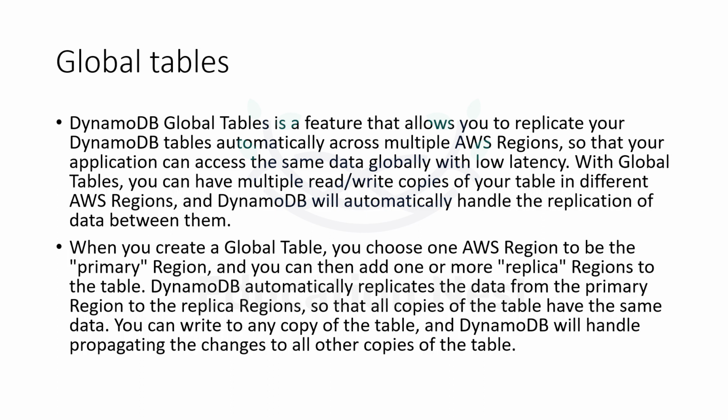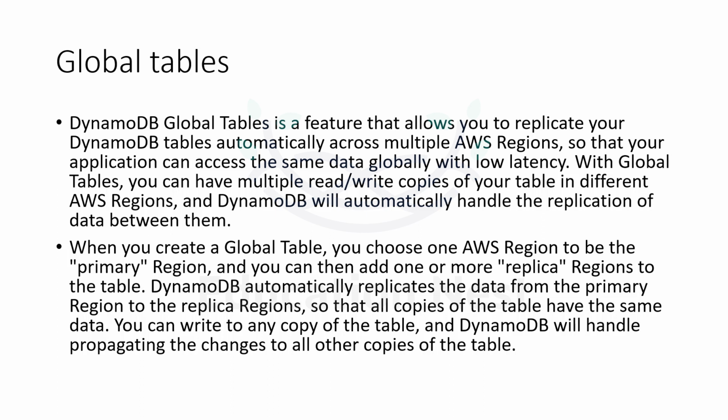Your application can access these tables, which are in sync with each other, having the same data globally with low latency. So this supports both read and write operations. With global tables, you can create a fully replicated multi-region database that will provide low latency access to your data from anywhere in the world.